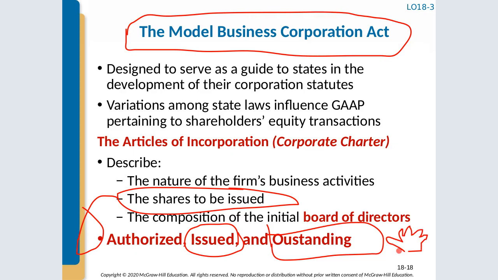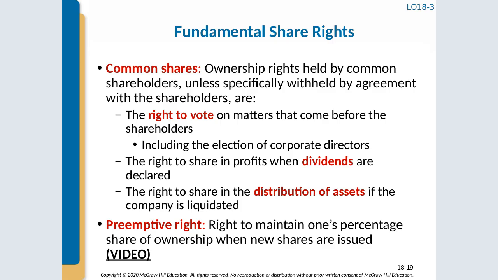Usually these are the same. The amount of issued shares equals the number of shares outstanding. However, there might be a difference when we have treasury stock. So when we have treasury stock, our number of issued shares will be different than shares outstanding.